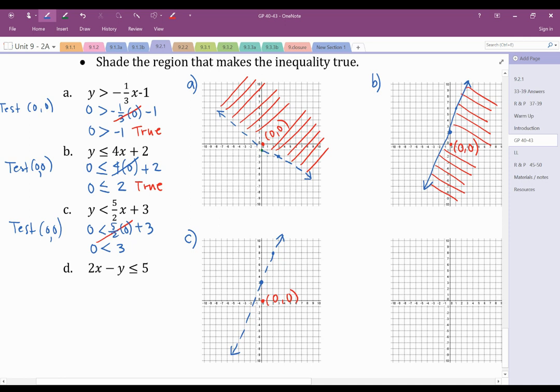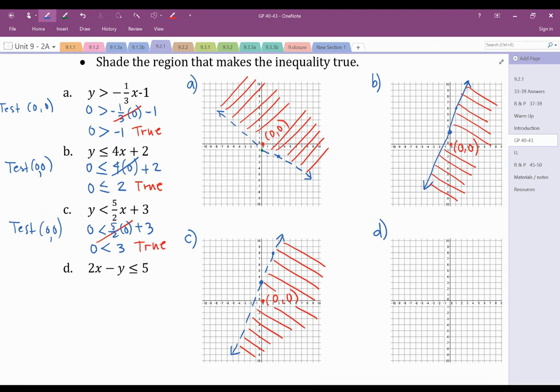Therefore, our shaded portion is on the 0, 0 part. Okay, so coincidentally, our 0 is always on the solution part. Maybe on the last part, it will not be. Let me check.